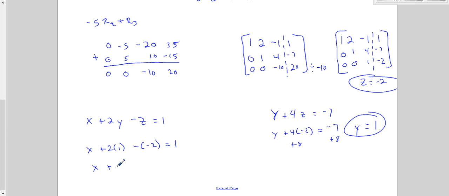So that's x plus 2 equals 1. 2 plus 2 is 4, so I'm going to subtract 4 from both sides, and I get x equals negative 3. Okay, so I've got my x, y, and z, and now I'm going to write this into an ordered triple.